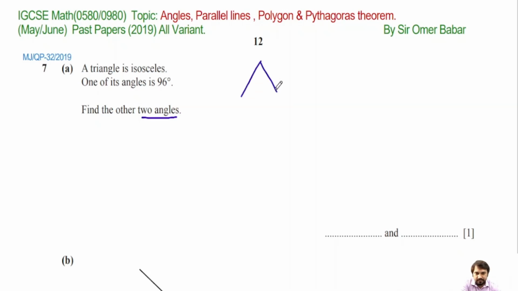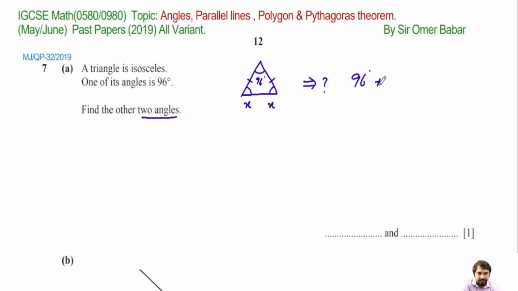Let's say this is our isosceles triangle and this angle is 96 degree. We have to calculate these two angles. And how can we do that? We know that in isosceles triangles, these two angles are equal in magnitude. Let's say this is angle X, it means this angle is also X. Now applying the sum rule, the sum of all the interior angles of a triangle is equal to 180 degree.